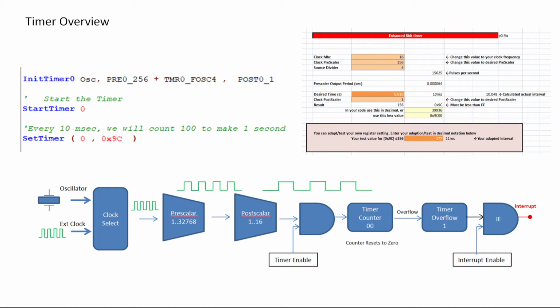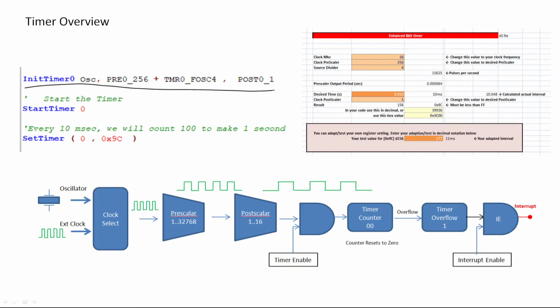In this particular case, it's shown on the screen. I'm going to put a circle around it with my pen. Here, I've told it I'm going to use the internal oscillator, a prescale of 256, and I'm using the FOSC4 timer 0 source and a postscaler of 1.